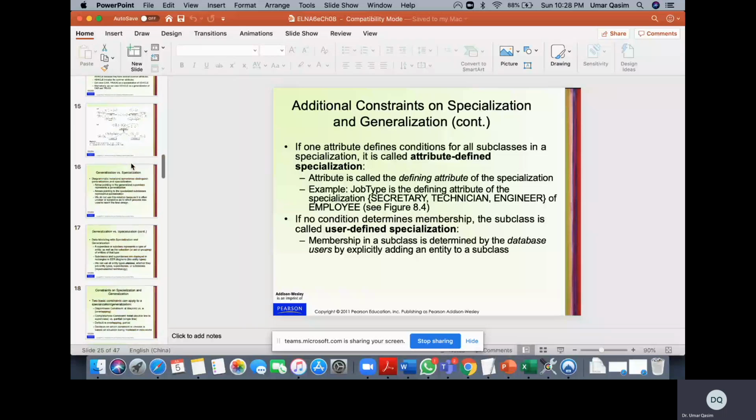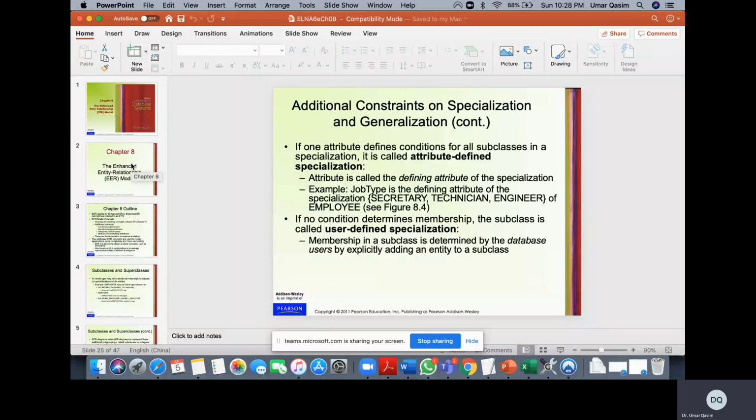So let's start the next chapter, chapter 8, the enhanced entity relationship model. So far we have been discussing the entity relationship model, ERD or ERM. The last chapter focused on that.